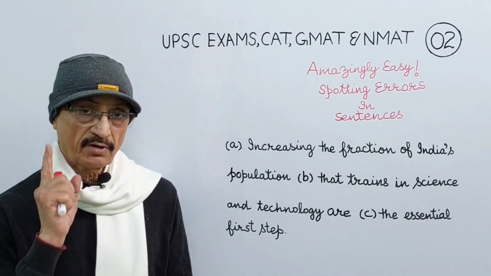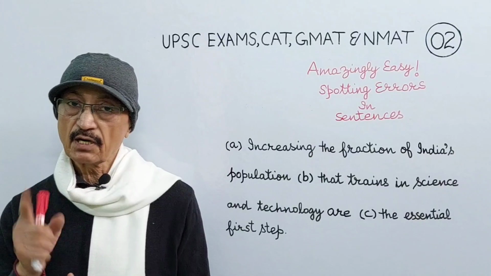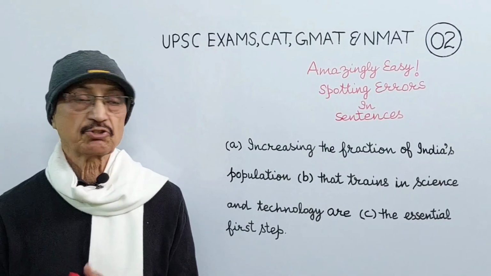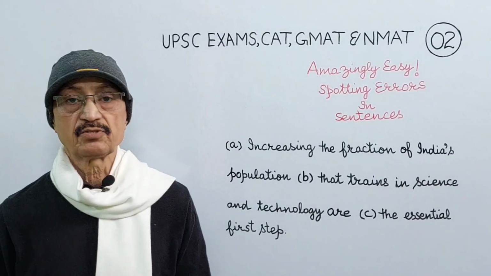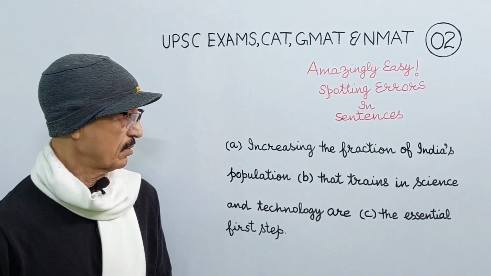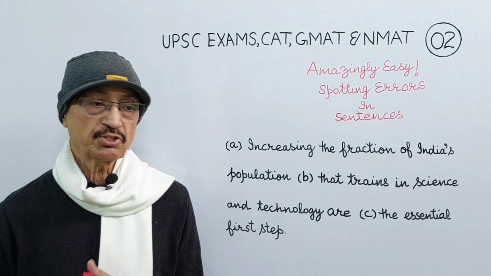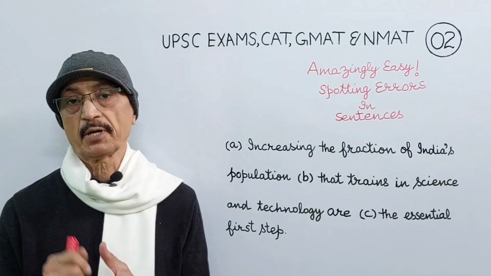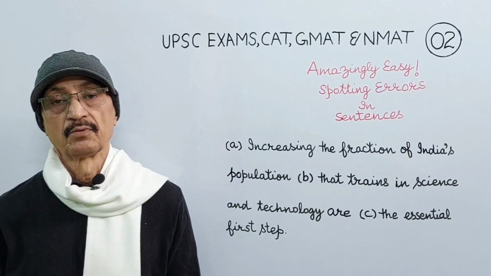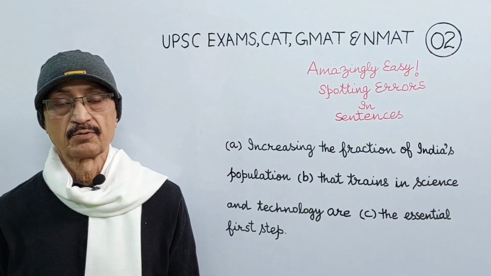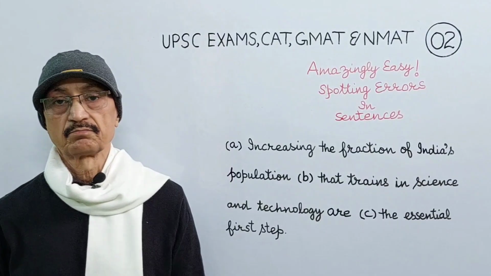Let us take this sentence now. Increasing the fraction of India's population that trains in science and technology are the essential first step. Let us try to find out which part of this sentence contains an error.